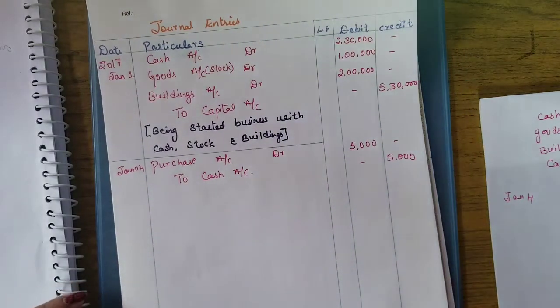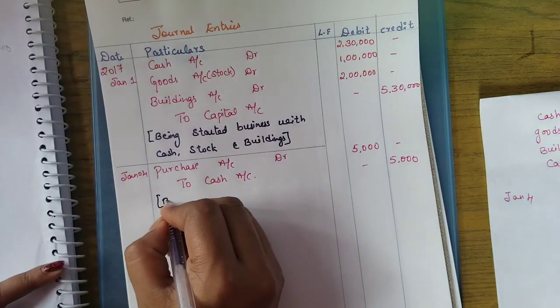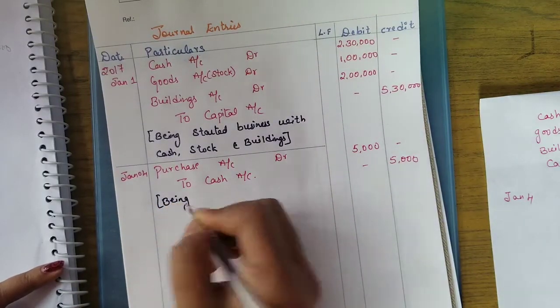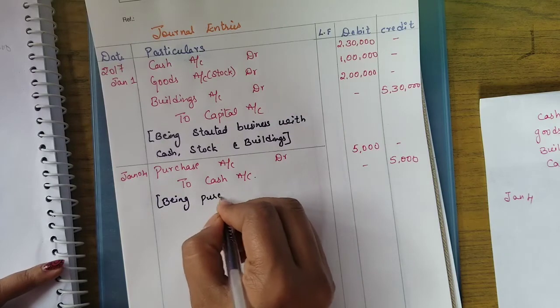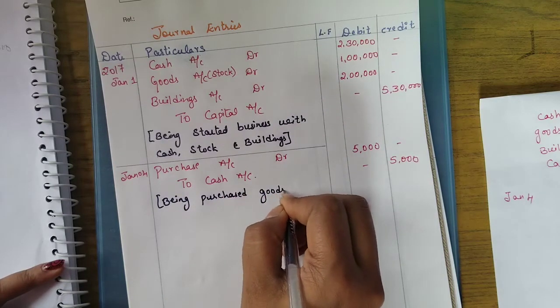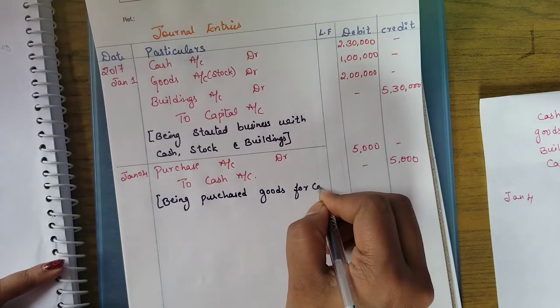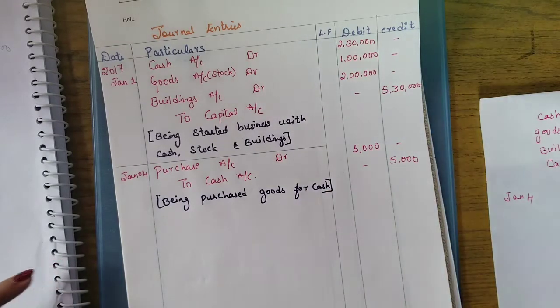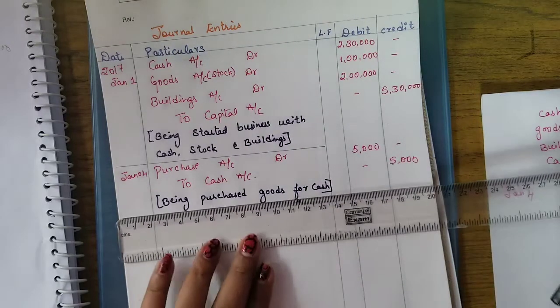For this, narration: being purchased goods for cash. This will be your entry.